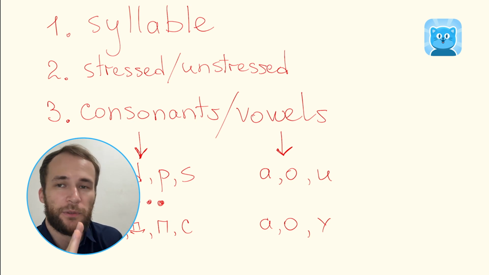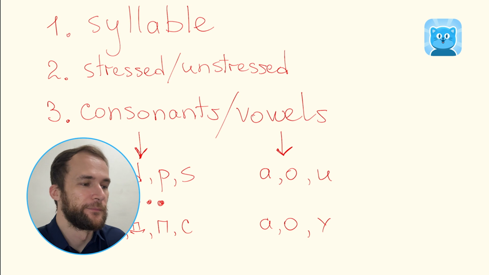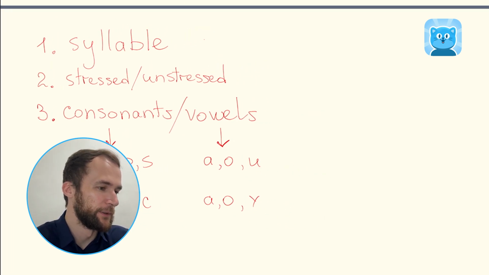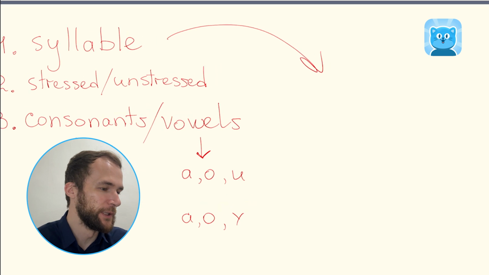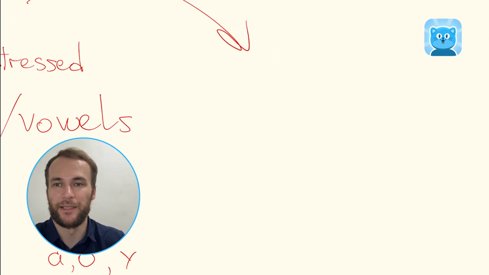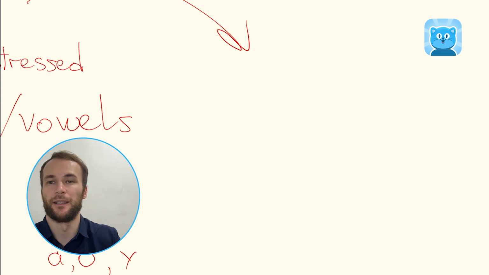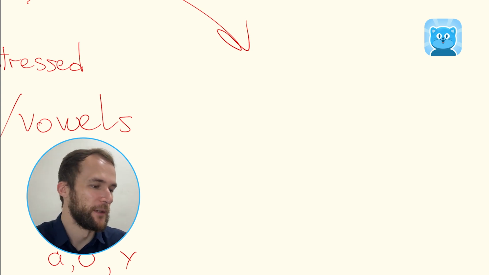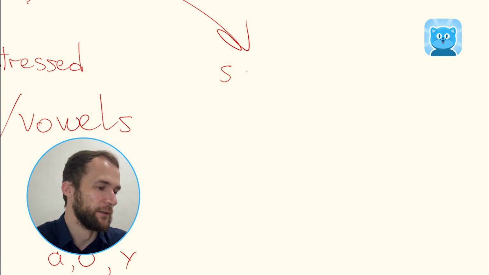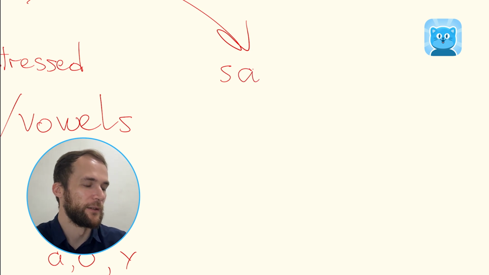Now, we were talking about syllables. So a syllable is a part of the word that consists of consonants and one vowel. So for example, consonant is s and vowel is a, sa, right?